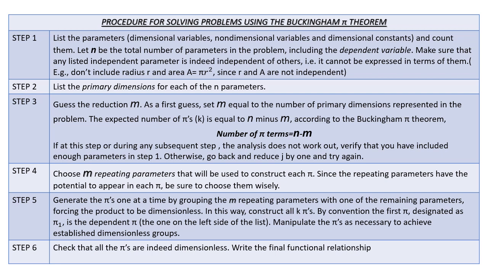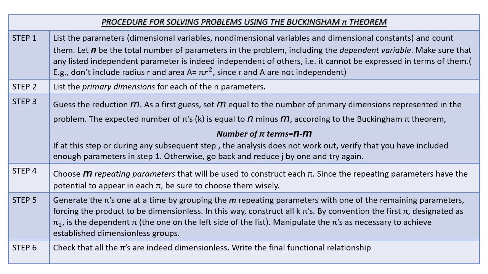If you check the dimensions of all the n variables, and they include the dimension of mass, the dimension of length and the dimension of time, then m is equal to 3. In most cases m is equal to 3, except in a few cases, and we are going to discuss those types of problems too. So the total number of pi terms is equal to n minus m.